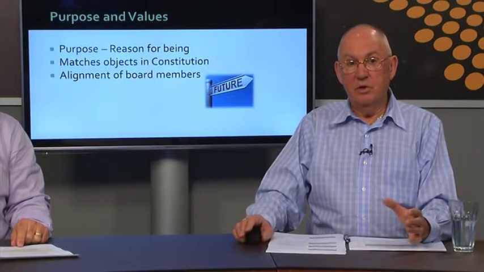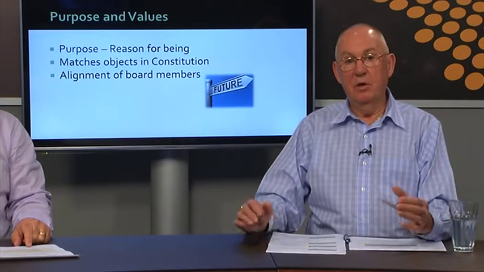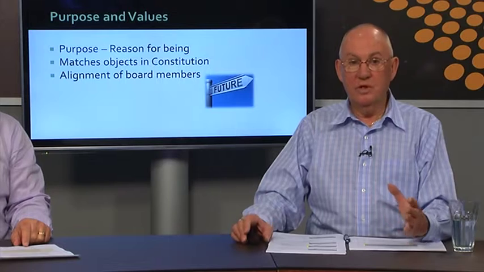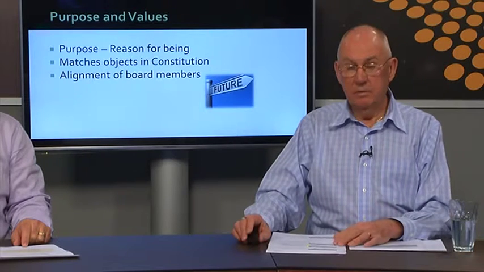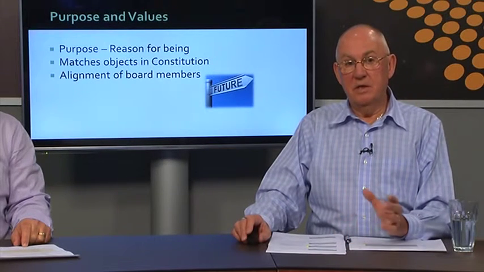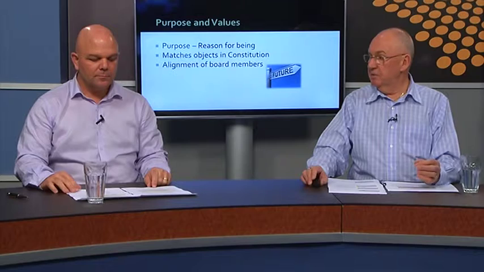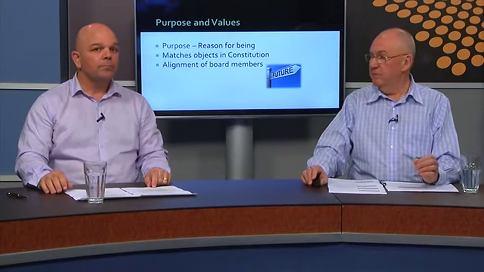And then the board's role is really making sure that everyone is aligned and working towards that purpose, trying to achieve the vision and following the values of the organisation. And of course, there's a lot of governance and legal requirements, Andrew, that the board need to oversee as well. So why don't you take us through some of that?